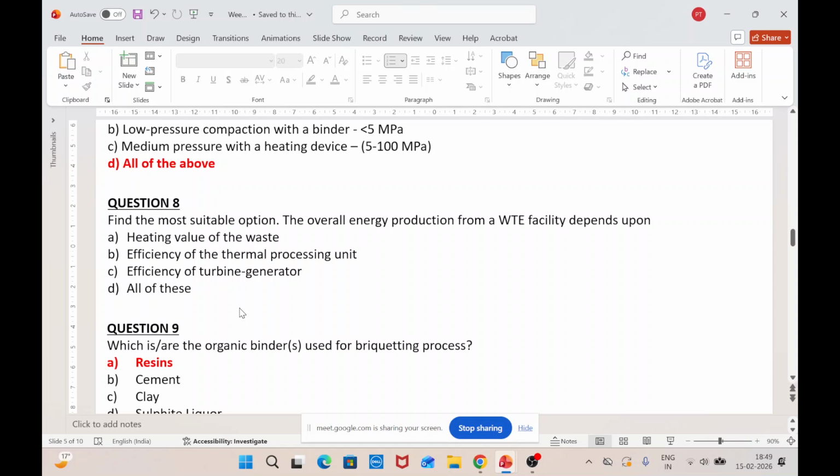Leave question 8. Question 8 is based on energy production, and I haven't covered that part in this live interaction session. I will do it along with the week 5 content all at once.